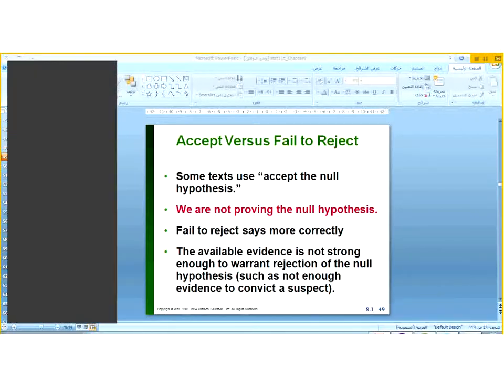If you remember, we said that we are not going to use "accept" the null hypothesis. Why? Some books use it, but here it says why I don't use it: because we are not proving the null hypothesis. I haven't proven it, I just couldn't reject it.